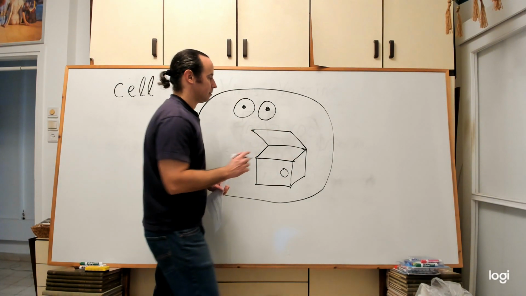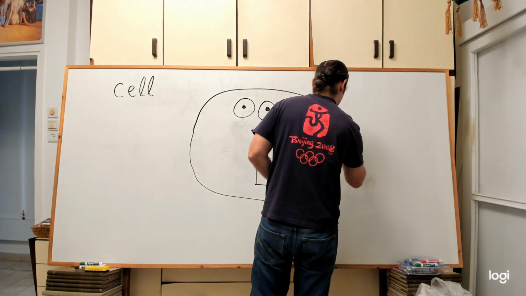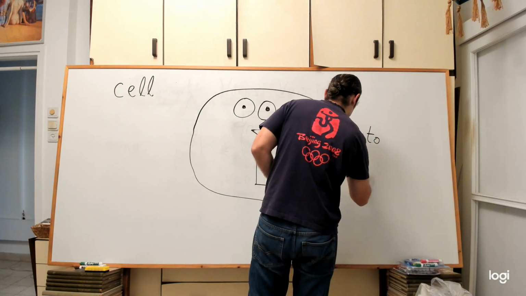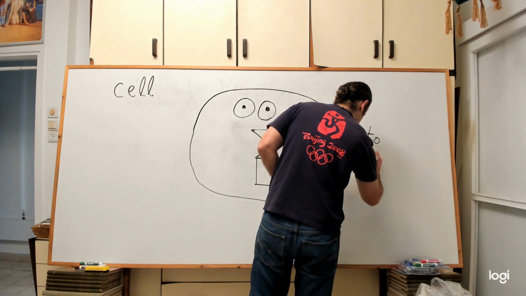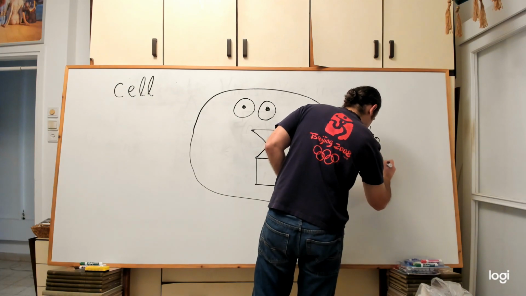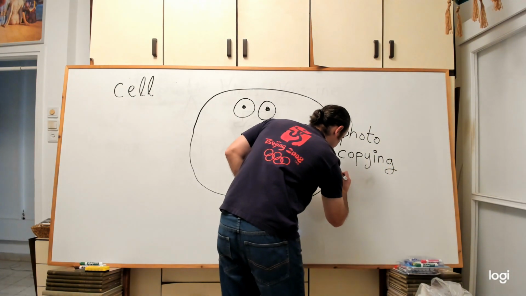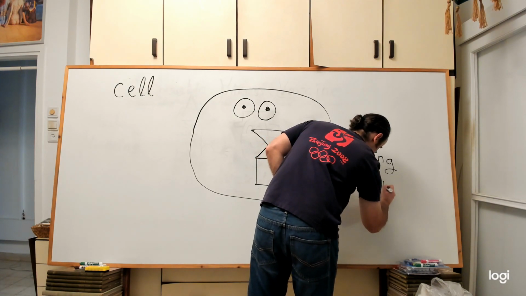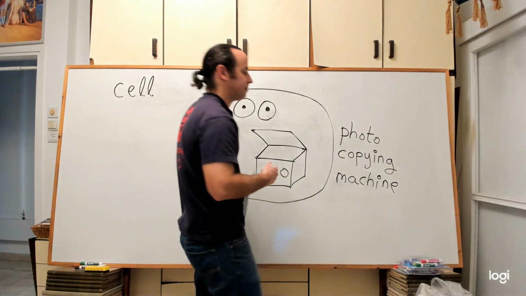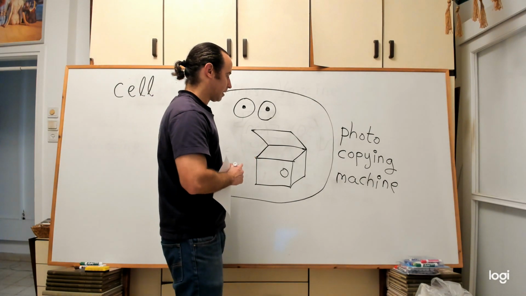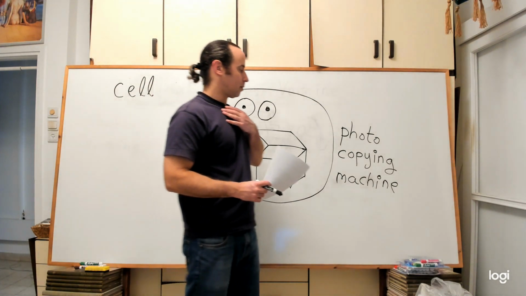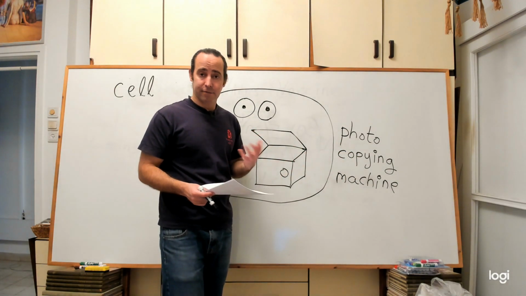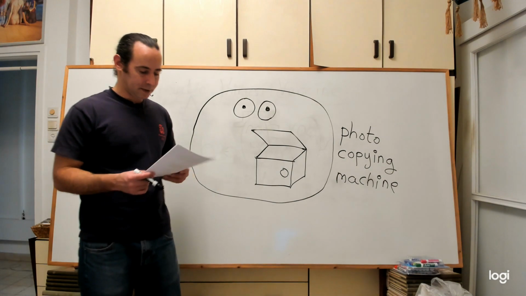So I hope this is the photocopying machine. So every cell has something like this inside. Of course, it doesn't copy photos, it copies proteins. The virus also is a protein.